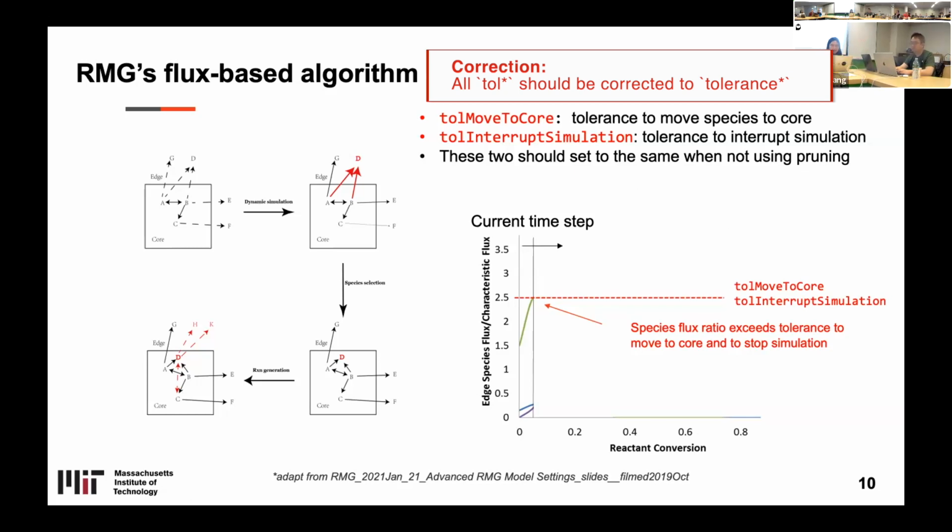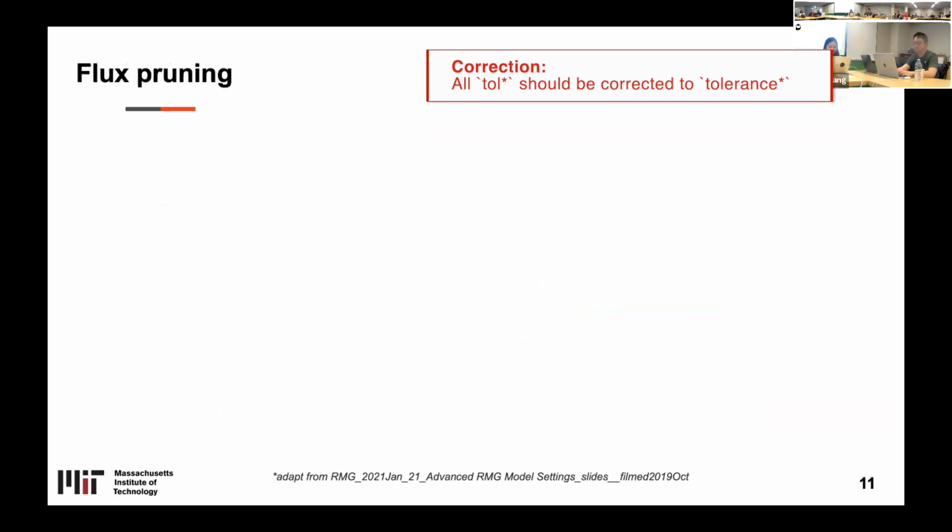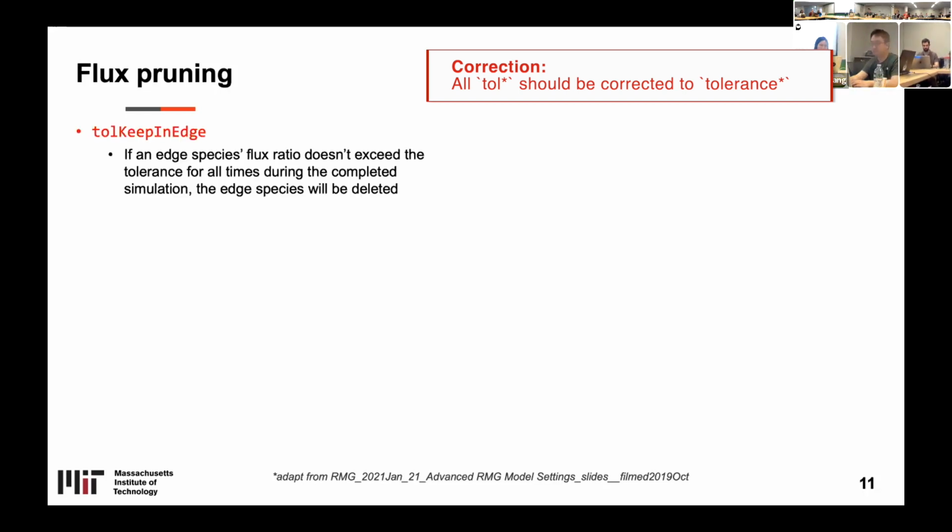But in order to use pruning, there are three relevant parameters that you need to know. The first is tolerance keep in edge. The meaning is that if the flux of a species does not exceed this number, it will be assumed not important and deleted from the edge.